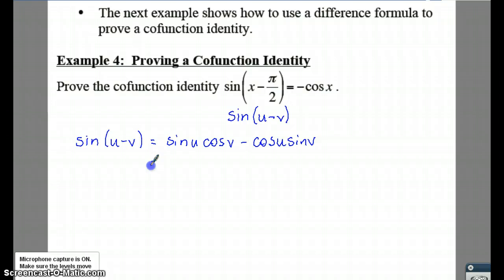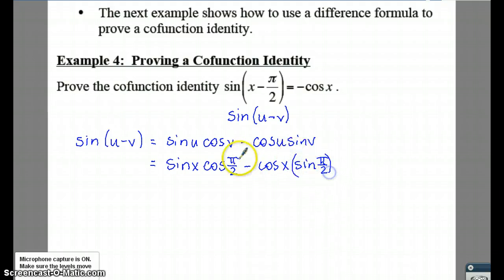So we're going to say the sine of x times the cosine of pi over 2 minus the cosine of x times the sine of pi over 2. We just have to evaluate where we have our pi over 2's.